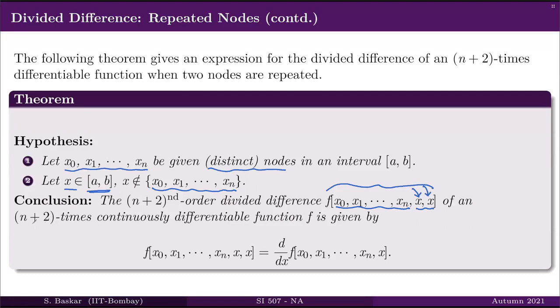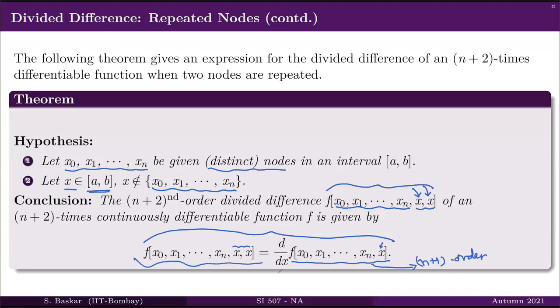It is an n plus 2 times continuously differentiable function given by this formula. So if you repeat 2 nodes, then that is equal to the divided difference of order n plus 1, right? And then you consider this as a function of x and differentiate it, and that will be this.